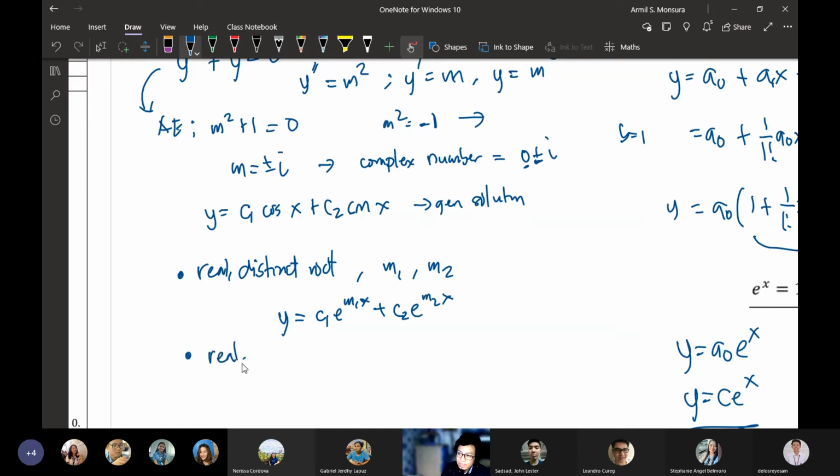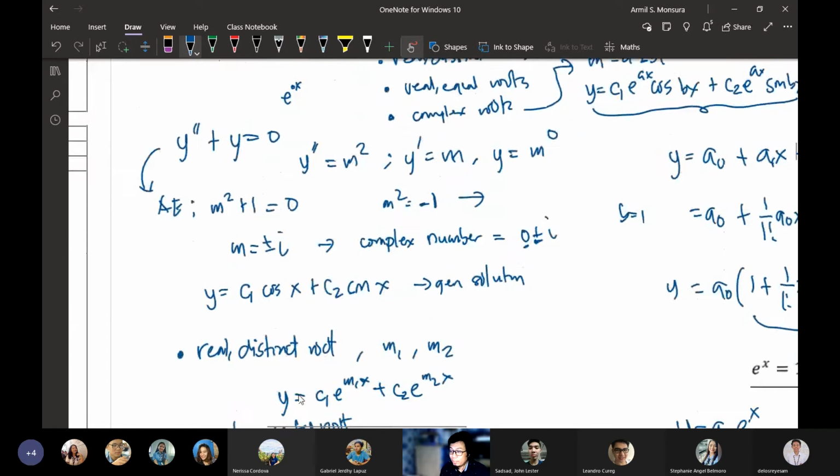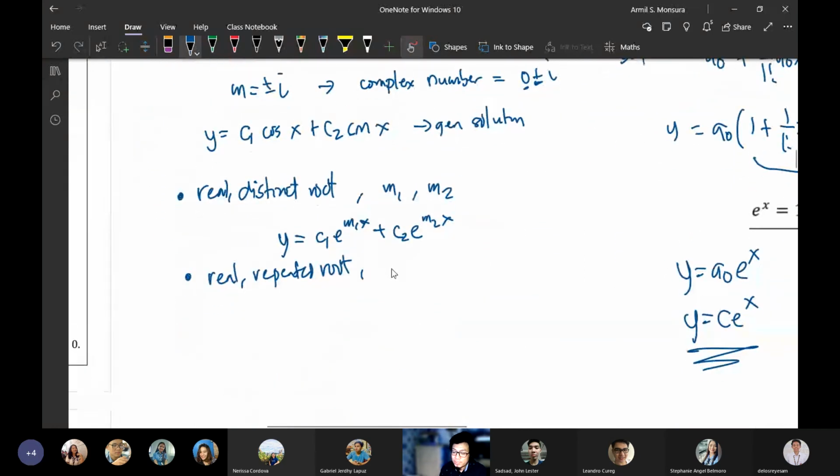For real equal or repeated roots, your roots M1 and M2 are the same. So let's just call it M. Your solution here is also exponential, but this time the second term gets an x multiplier to separate it from the first solution.